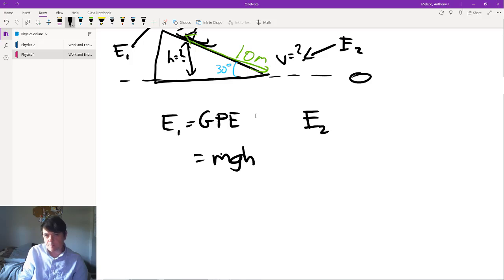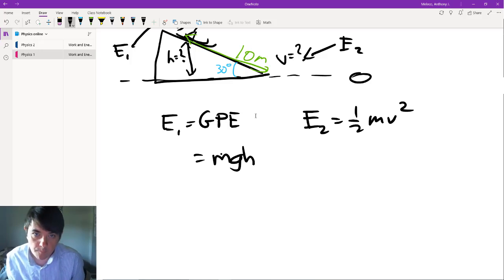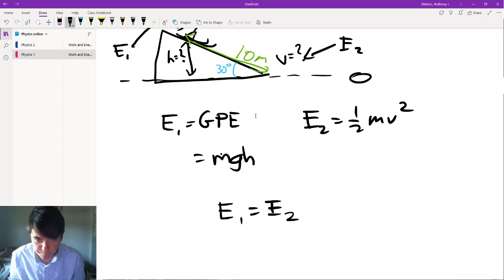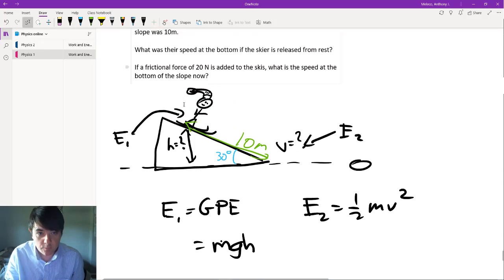E2, at the bottom, there's a 0 point, 1/2 mv squared. They won't have spring potential because there's no springs or anything like that. So this problem then reduces to E1 equals E2, right? But there's an issue. We don't know the height.